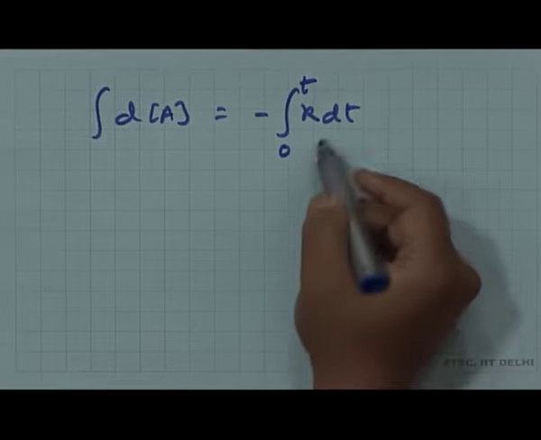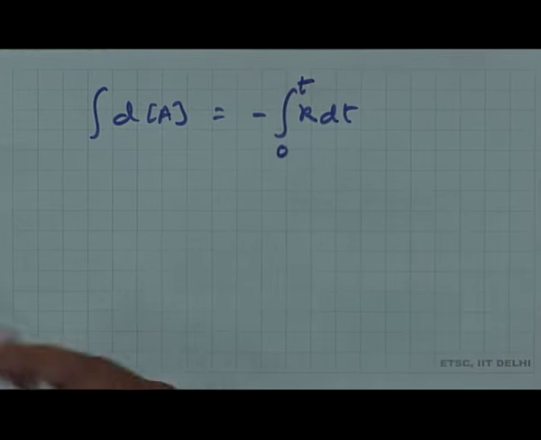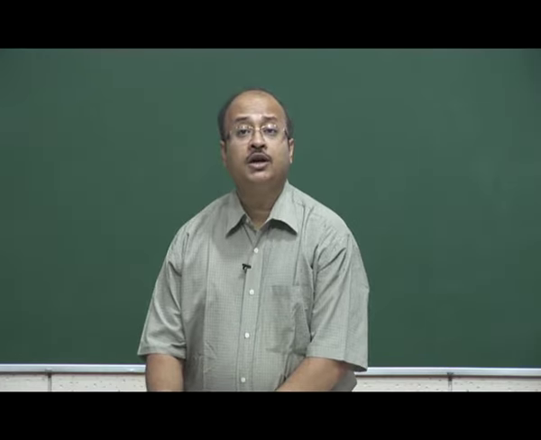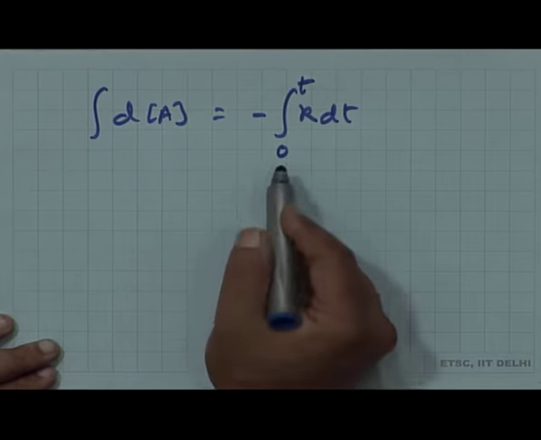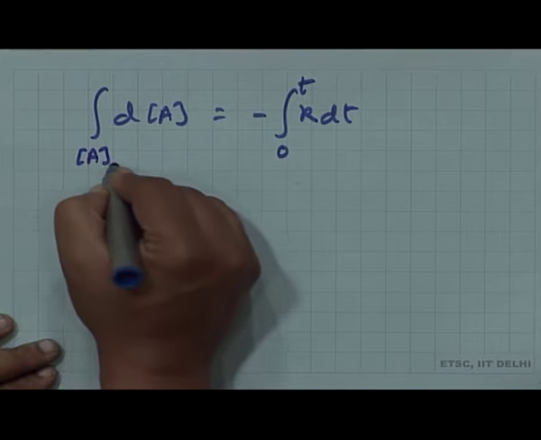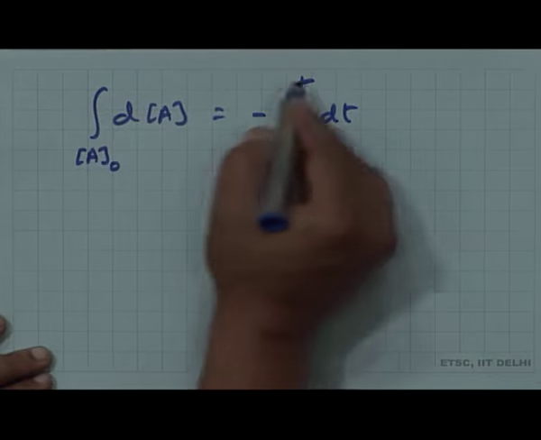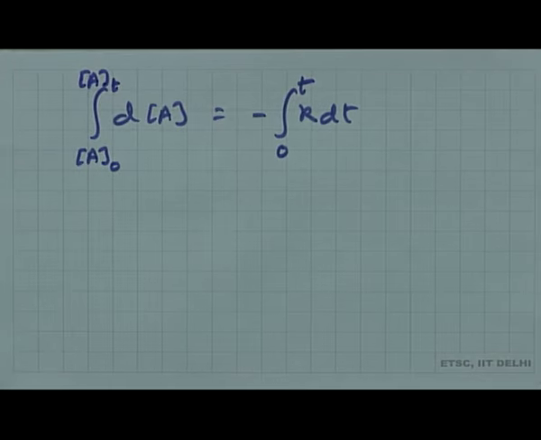For the time, my initial time point is 0 and the final time point is any arbitrary time point t. Okay. Then what about the limits of the integration for A, that means the concentration of the reactant. So, at time 0 I say the concentration of my reactant, which is my initial concentration, is given as A naught, corresponding to t is equal to 0. Then as I go to time t, I can say that my concentration of A can be represented as A t.